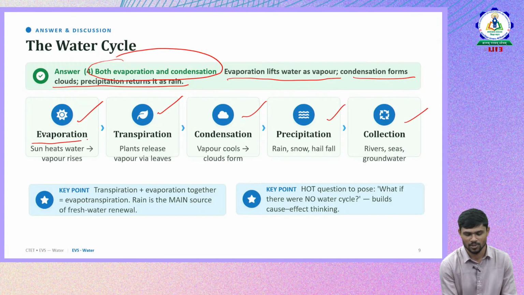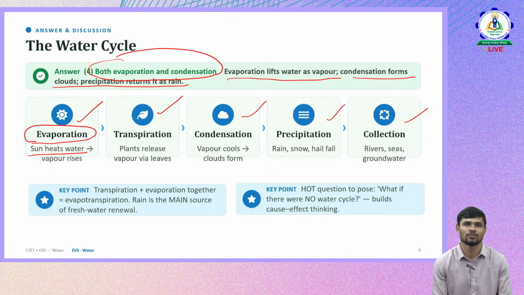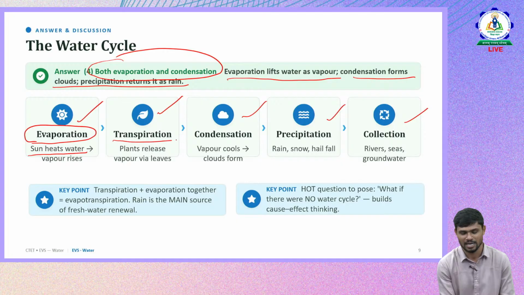So during evaporation, what happens? Due to the sun, water gets heated up and converts into vapor. Water moves from the ground, whatever the source in which it is there, it will move up, getting converted into vapor. Then transpiration.